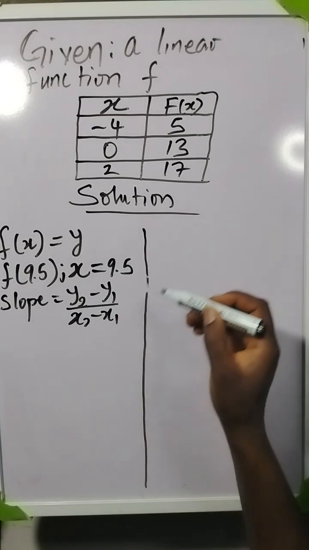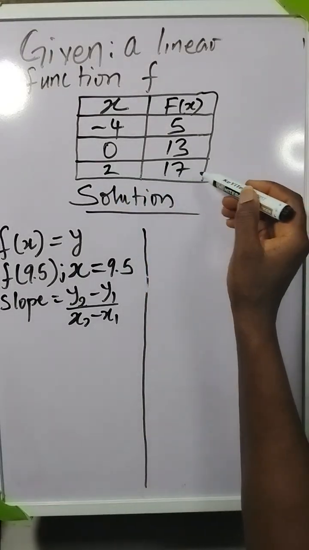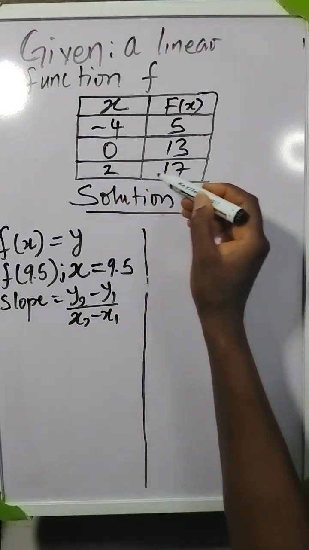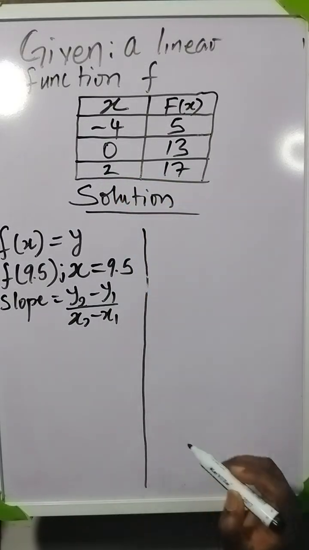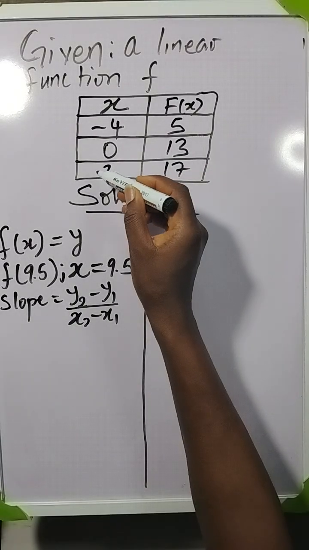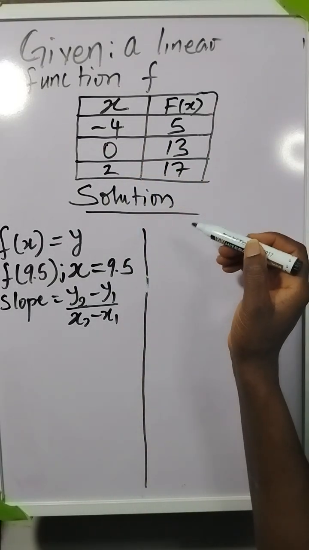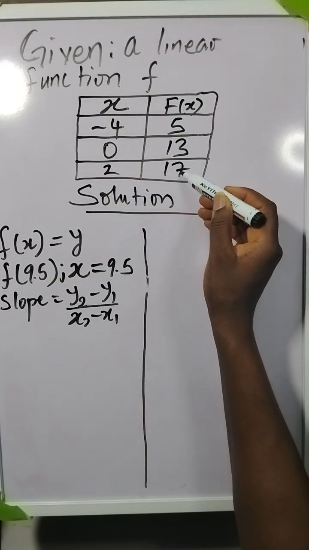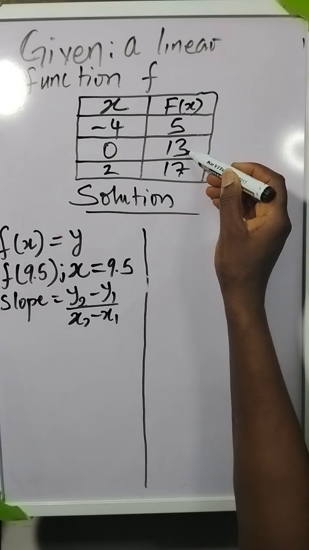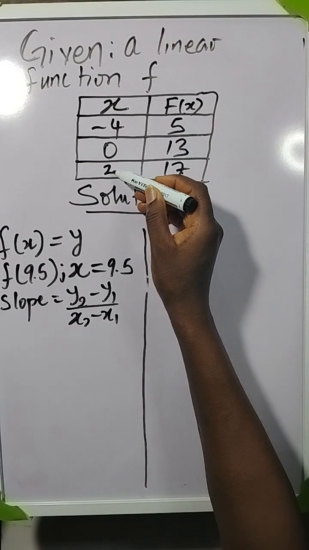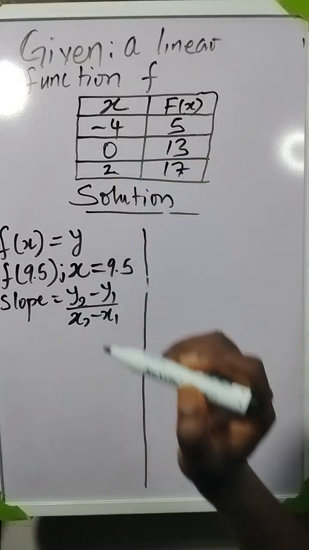Now we can pick any 2 points. Let me pick these 2 points. On the Cartesian plane, this is the x coordinate, this is the y coordinate. So if I pick this as my point 2, I'm going to pick this as my point 1, so I'm going to substitute in this value. My y2 will be this 17, and my y1 will be this 13. My x2 will be 2, my x1 will be 0.